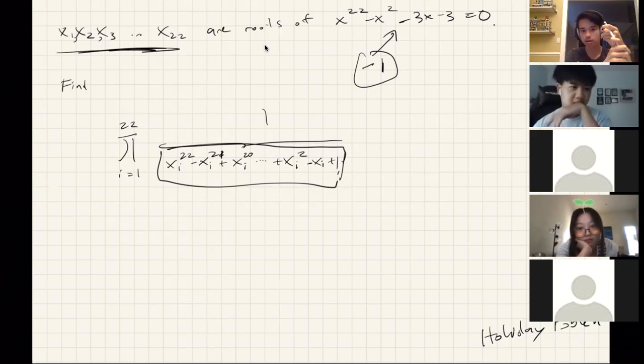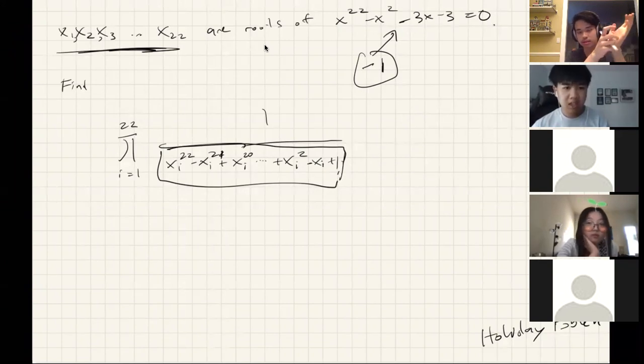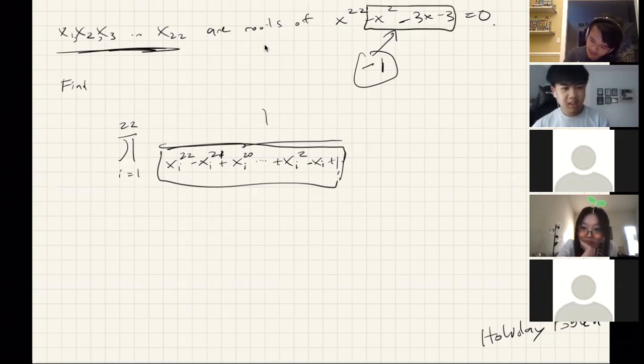So how are we supposed to deal with this? The way I dealt with this problem was to rewrite it. So this part of the polynomial looks a little bit like the formula for x plus 1 cubed, right?